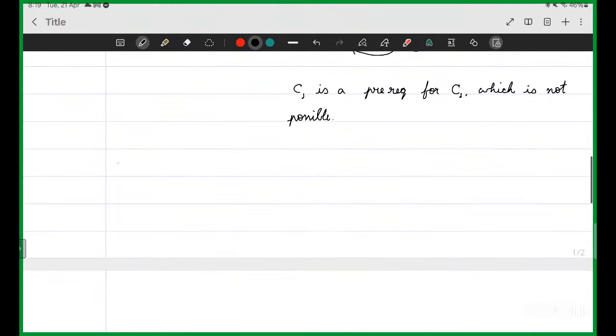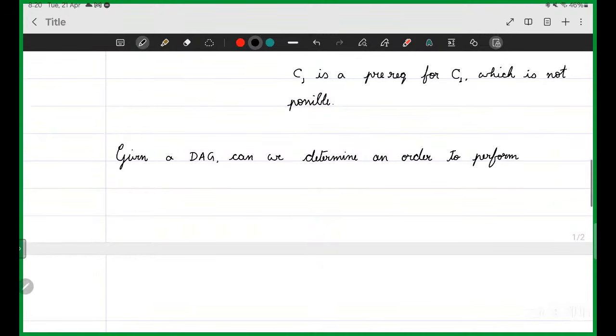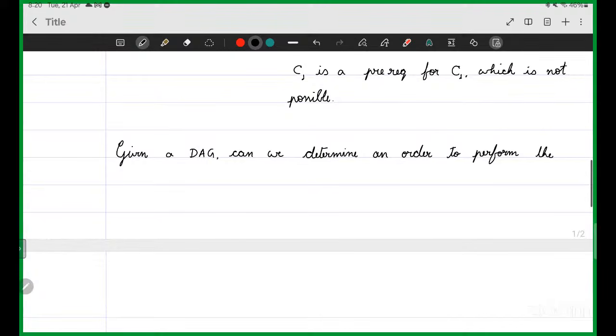So in general, given a directed acyclic graph, given a DAG, can we determine an order to perform the tasks?